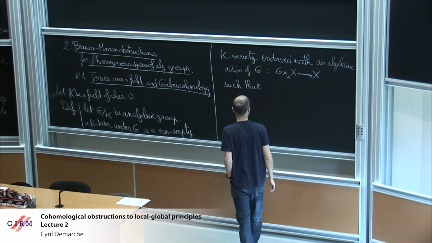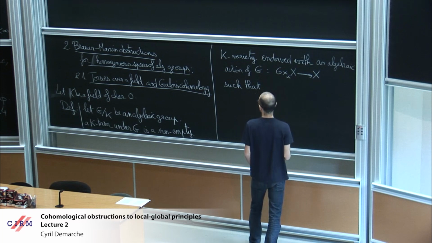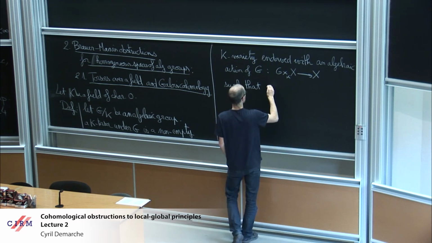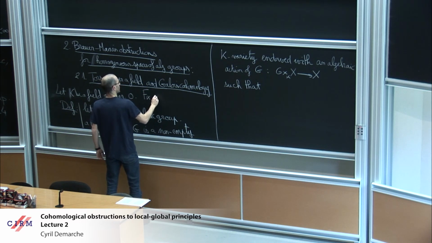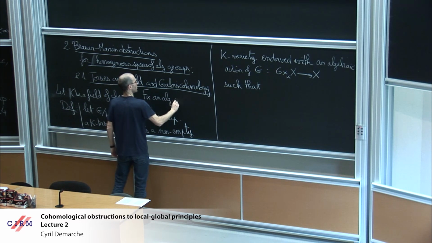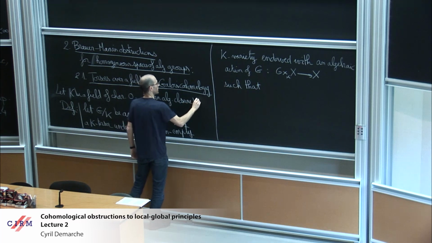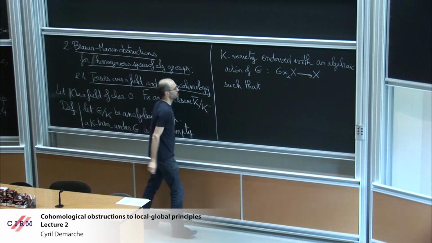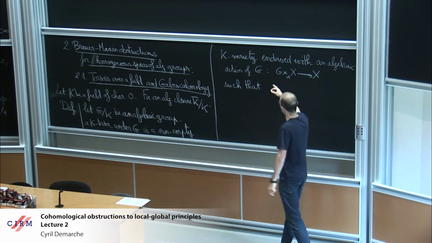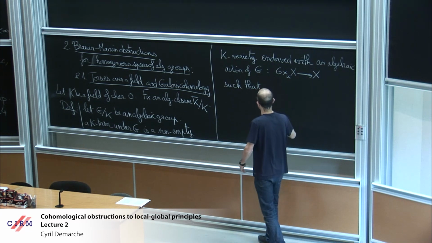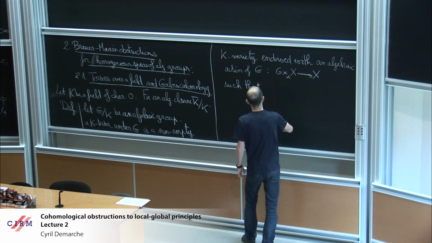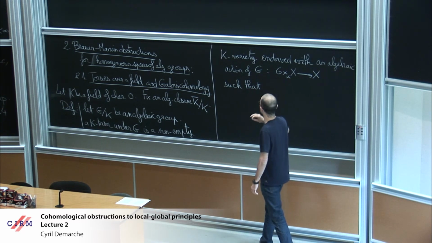We can phrase it in various ways. For instance, fix an algebraic closure k bar over k. We want this action to be simply transitive, free and transitive over k bar points.